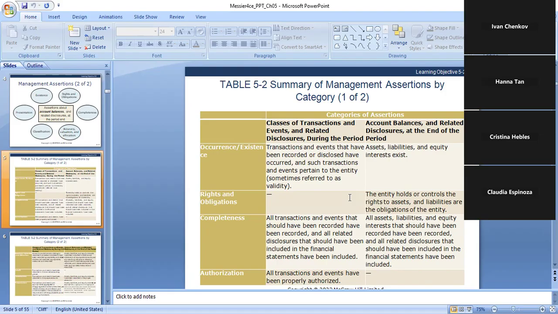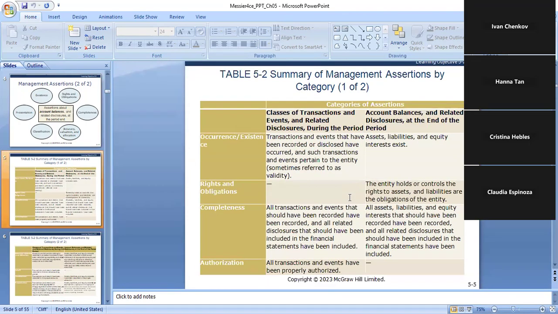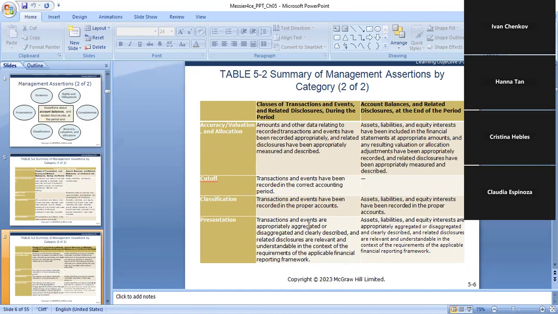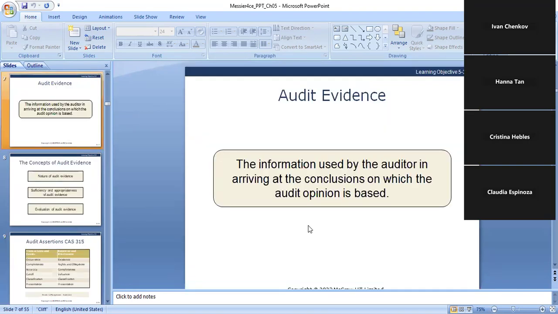On others, we have overlap, like occurrence and existence, completeness, accuracy, valuation, allocation. Classification, presentation, overlap between both levels of assertion.